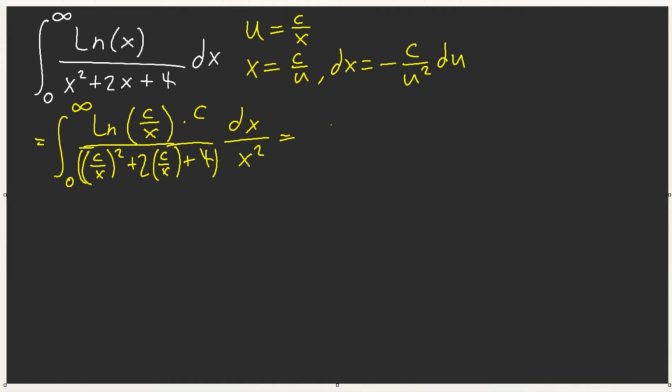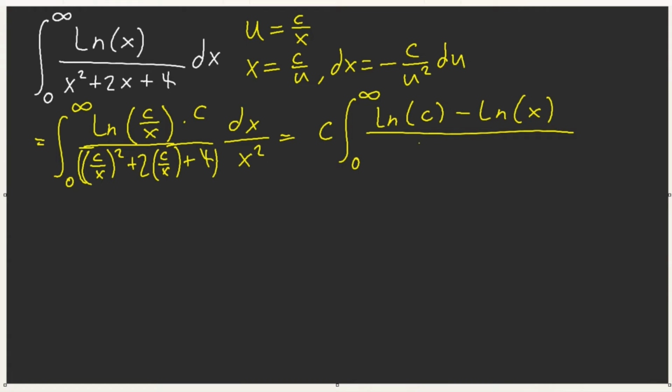Now if we simplify this, we have the integral from 0 to infinity of c times ln c minus ln x, over 4x squared plus 2cx plus c squared.